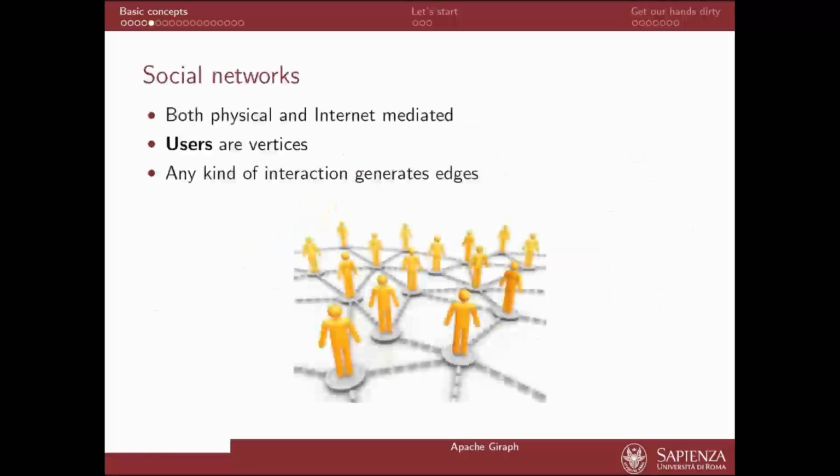Social networks are another example of a graph in which users are simply the vertices, and each relationship between them can be represented as an edge.